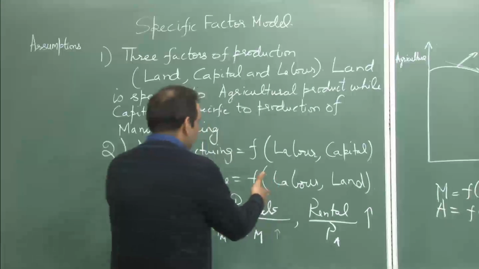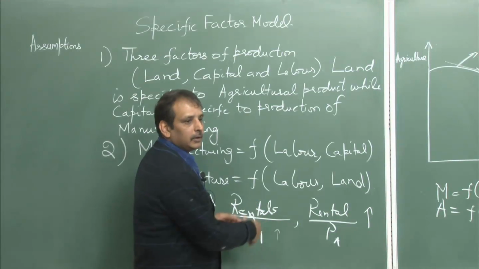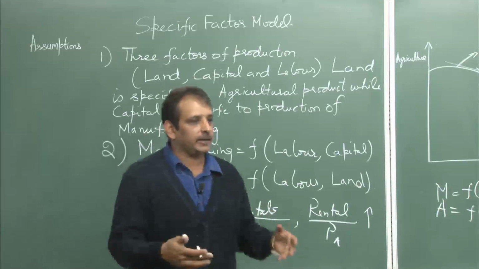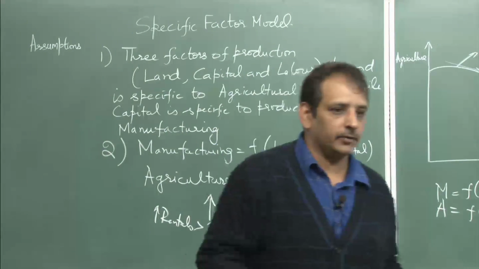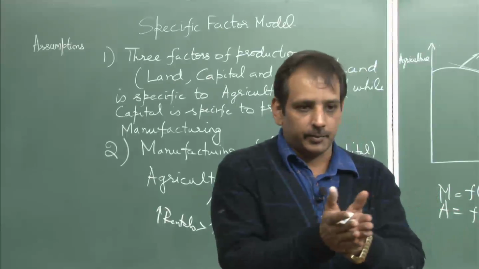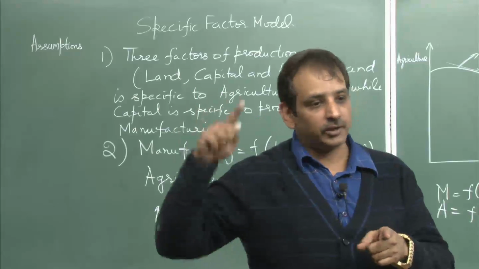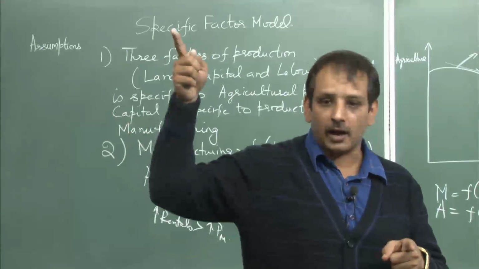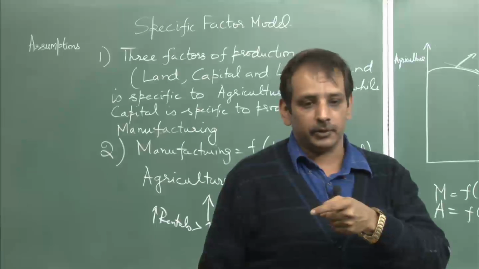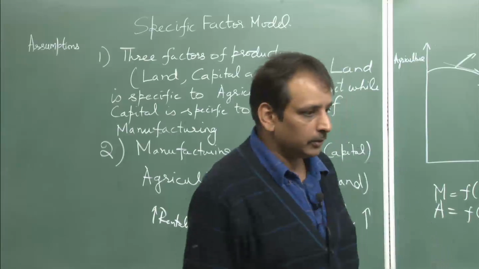But what is important is the marginal productivity of capital. I am just restating the law of diminishing marginal productivity: with an increase in labor, the marginal productivity of labor goes down, but the marginal productivity of capital goes up with an increase in labor.